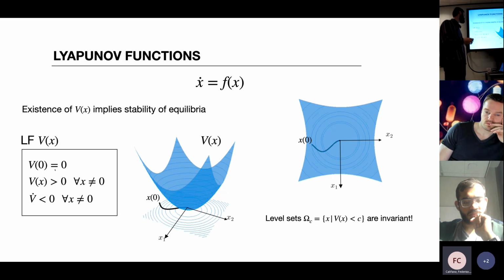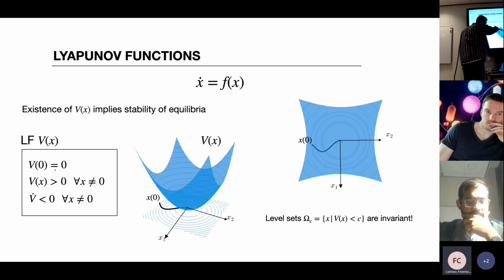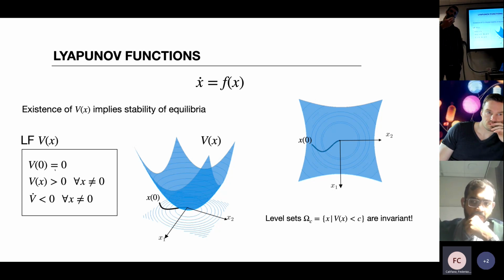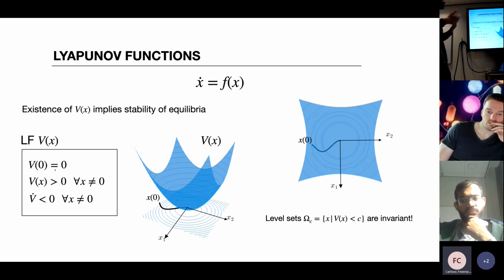We cannot solve the system, but we have a way to understand that the evolution of the system is such that v dot, the variation along the solution of the system of this Lyapunov function, decreases in that space, and then the equilibrium is stable. The Lyapunov theory relates the existence of such a function to the fact that these equilibria are stable. This is Lyapunov theory.